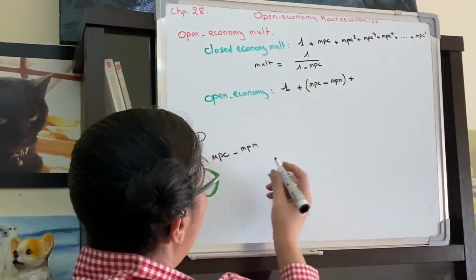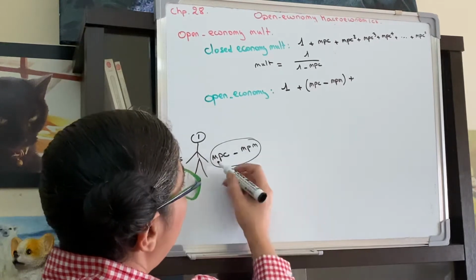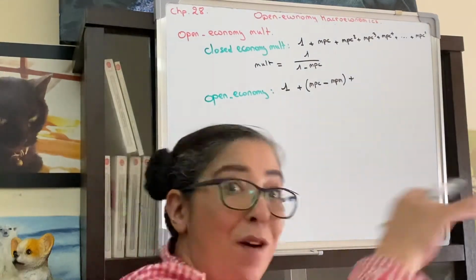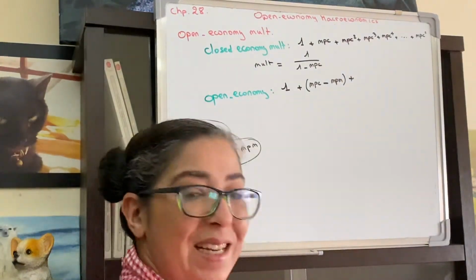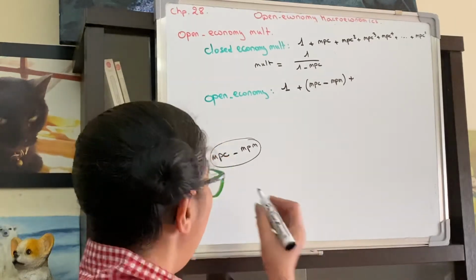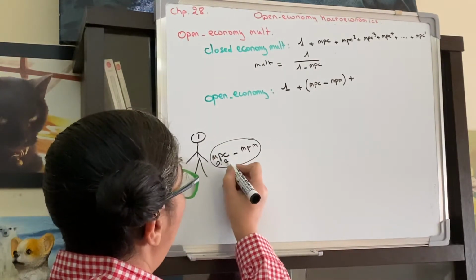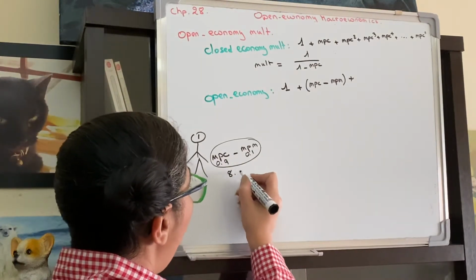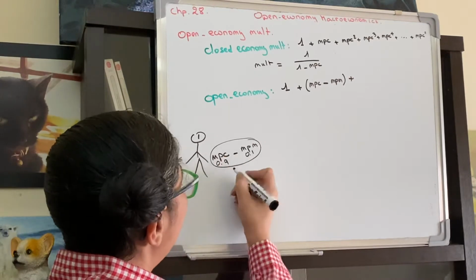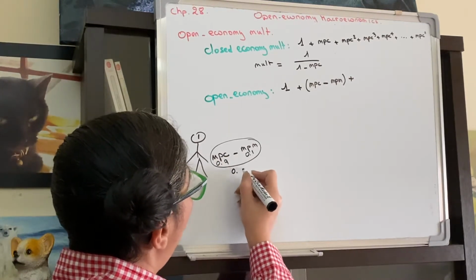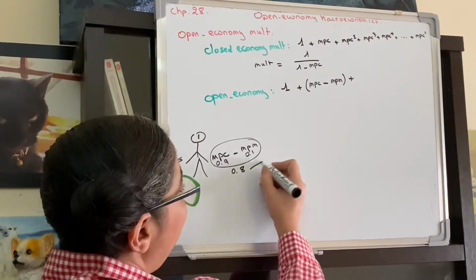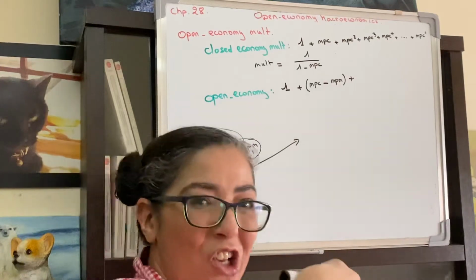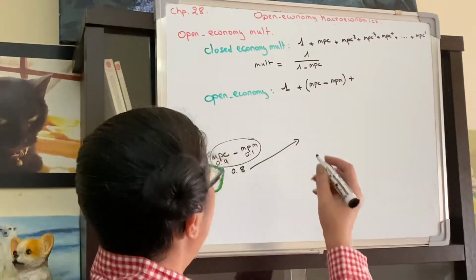Okay? Plus. So MPC minus MPM went locally. So you bought that from somebody in the country. For example, here your MPC is 0.9 and your MPM is 0.1, meaning that $0.8 are going to be spent inside from a local shop, as an example.